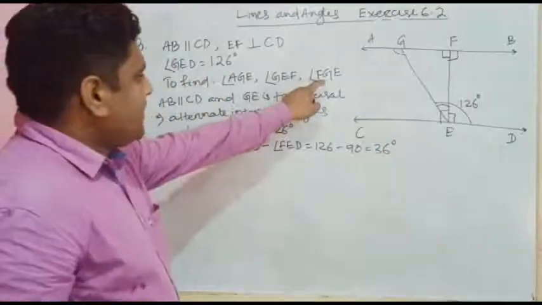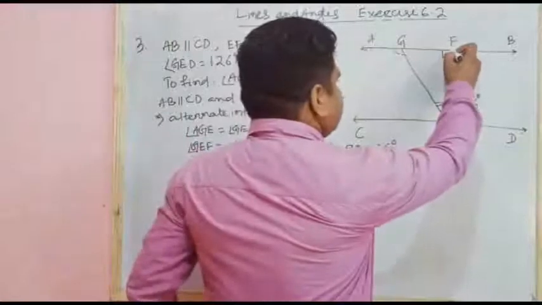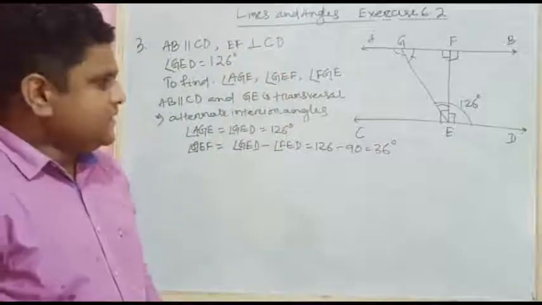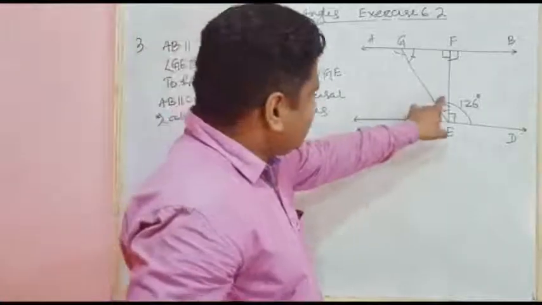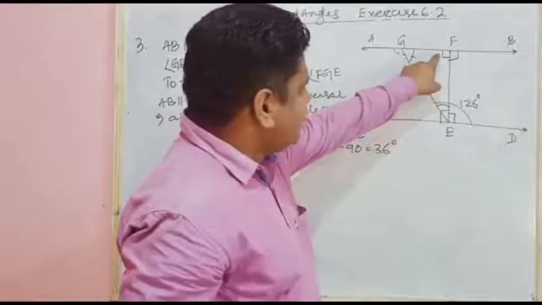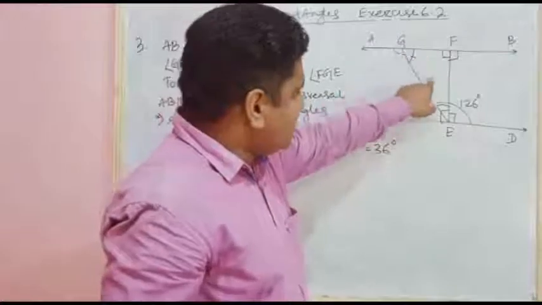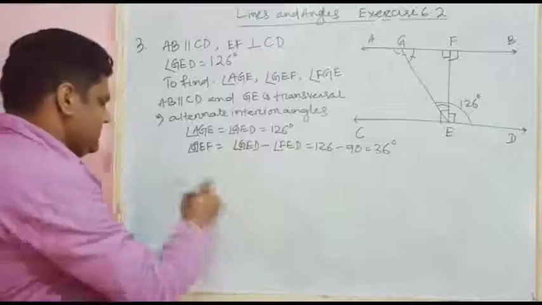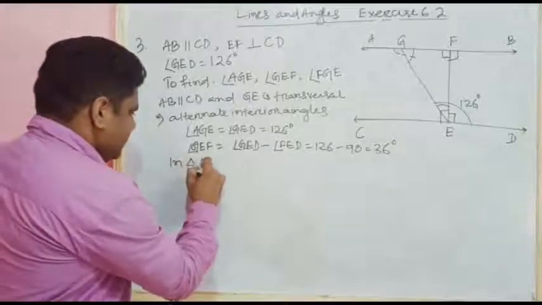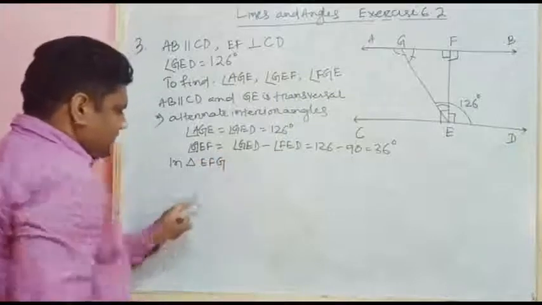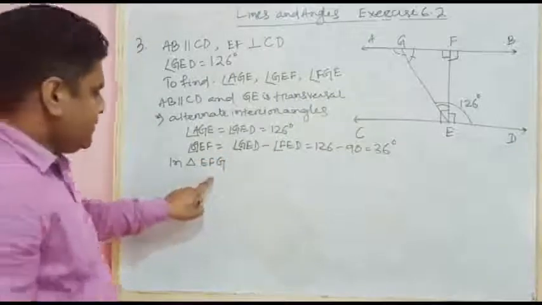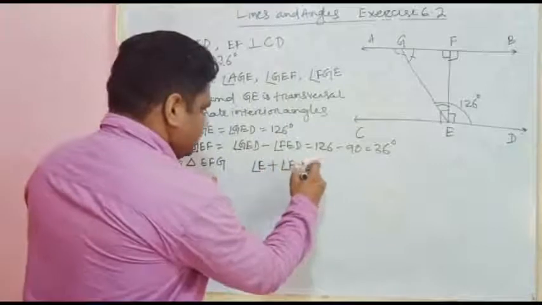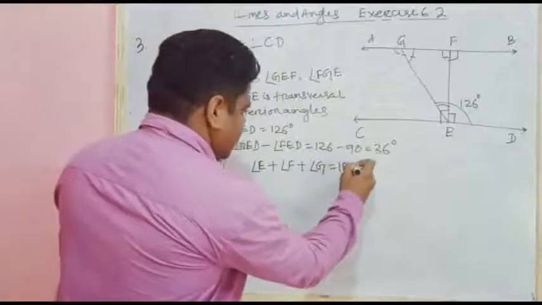Now we have to find angle FGE. Which one? FGE means this angle we have to find. What will be its measure? See here, we got that this is 36 degrees, this is 90 degrees, and we have to find this. The sum of three angles is 180 degrees in triangle EFG. So angle E plus angle F plus angle G is equal to 180 degrees.